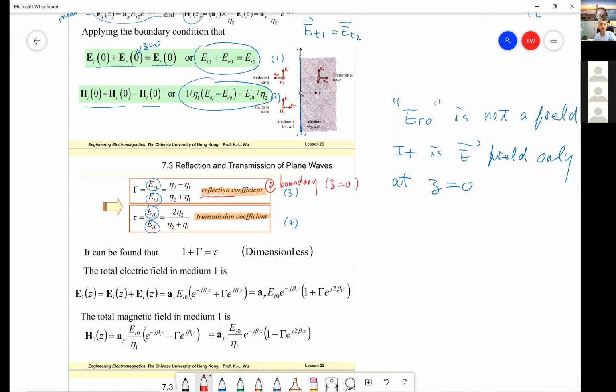All right, this is very important because very soon you will see the reflection coefficient at different locations. The mathematical expression might be different. So I emphasize this is only the reflection coefficient on the boundary.